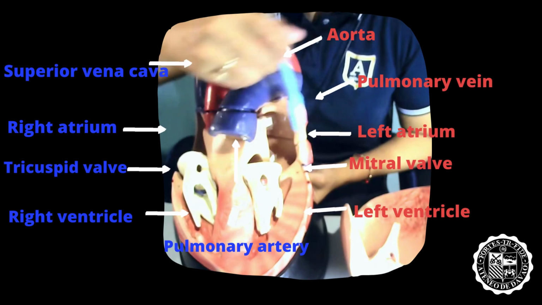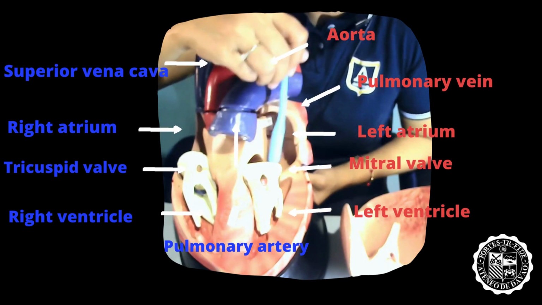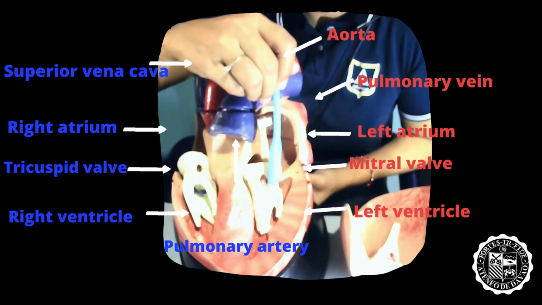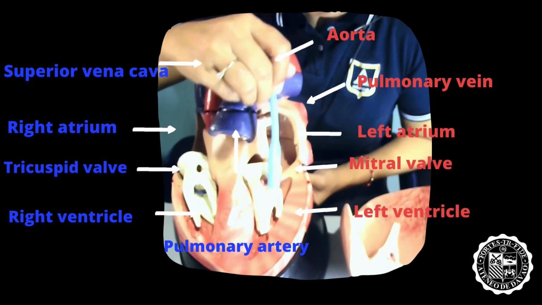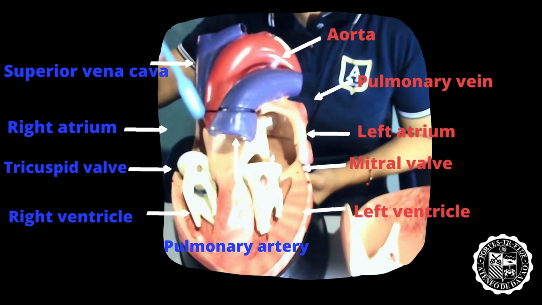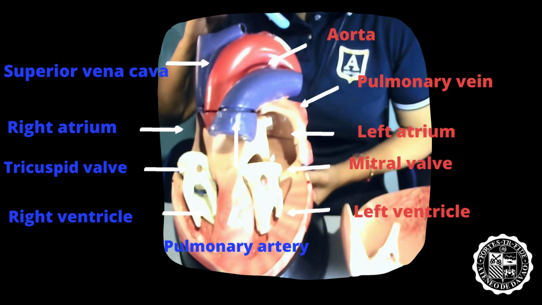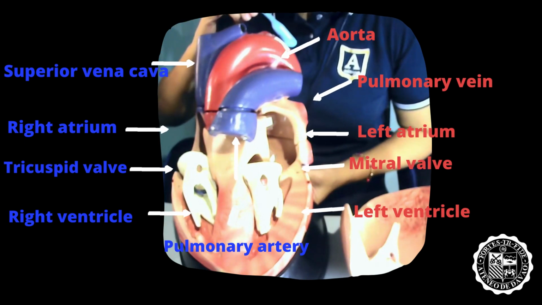And from this pulmonary vein, the oxygenated blood is now received by the left atrium, passes through the mitral valve and to the left ventricle, then to the aorta, and this oxygenated blood will now be circulated or distributed throughout the entire body.